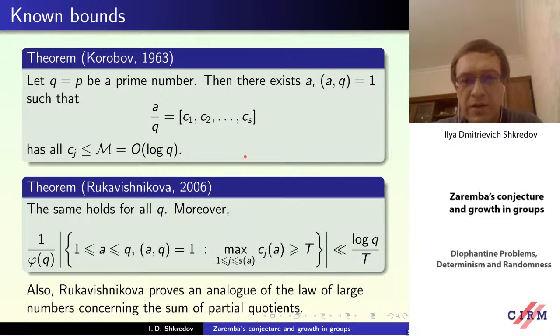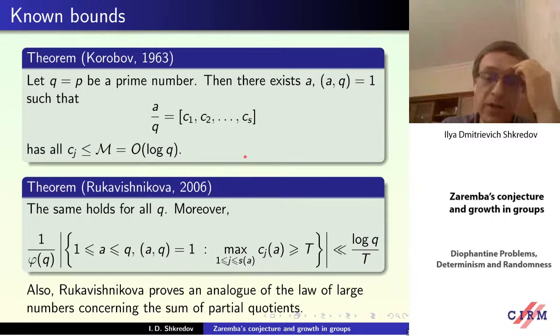Rukavishnikova obtained a series of results in a probability sense, like a central limit theorem for partial quotients and so on.